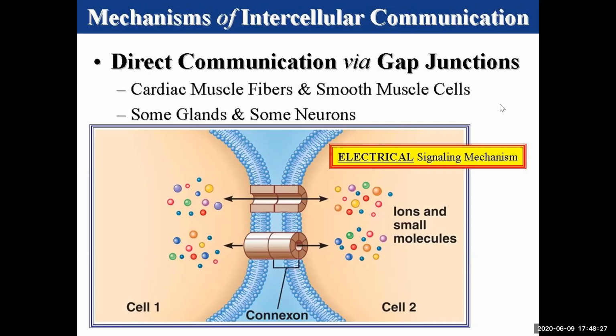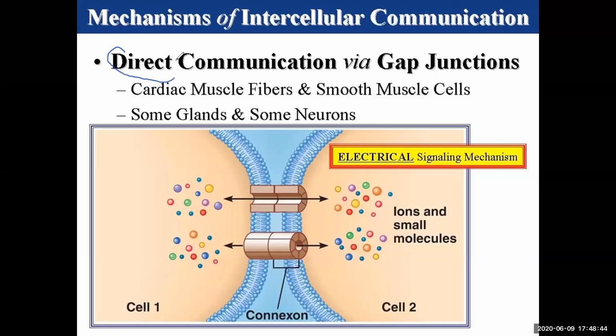So again, mechanisms for intercellular communication. These are ways for cell-cell communication. We can have what is called direct communication through a gap junction.